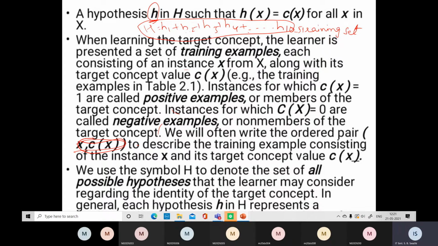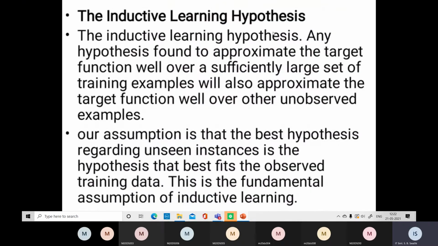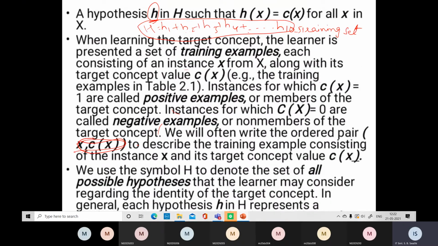Only when you combine a set of inputs does that become training data. And you combine the results, whether you are getting 0 or 1, and that will become the training data. Is this clear, students? Notations?